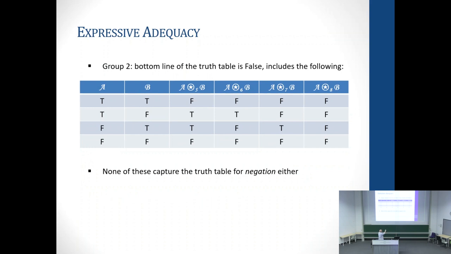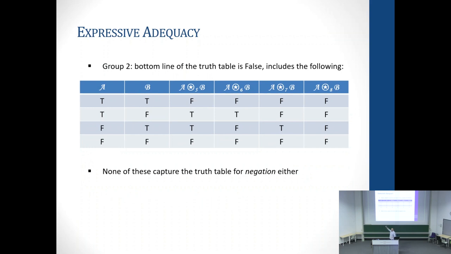The top row gives us that part of negation. Feed in truths, it outputs falsities. Problem, the bottom row here also gives us falsities. Feed in only false, it outputs only false. And this is equally bad because it's not capturing negation either.